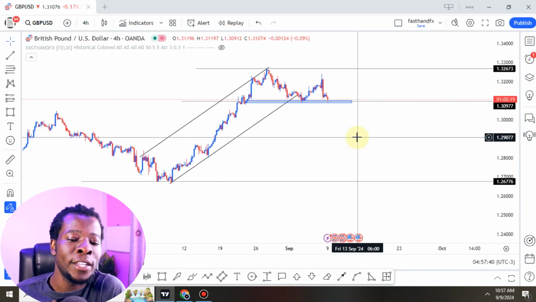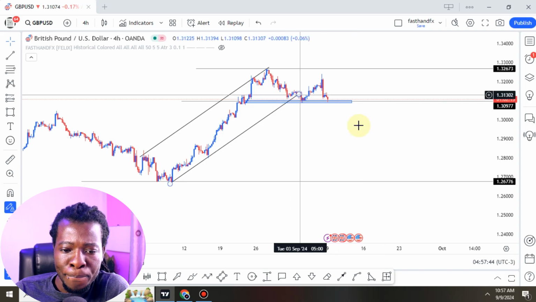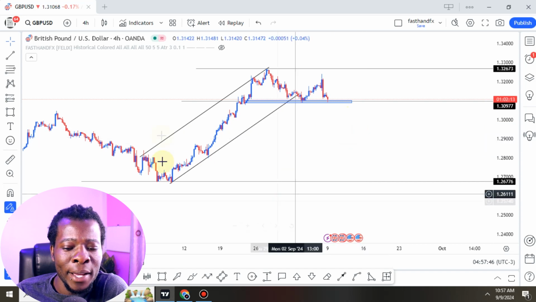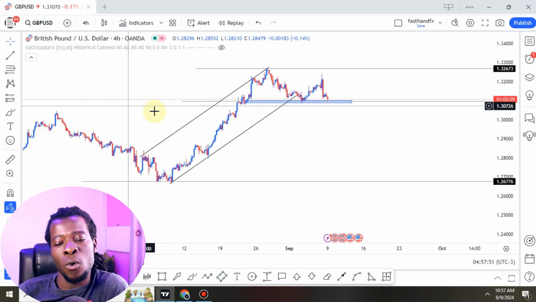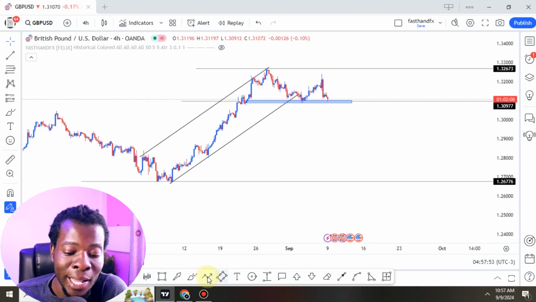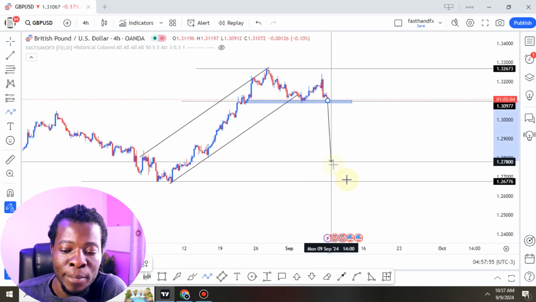Generally we've seen off the daily that this market is kind of bullish, right? That's okay. But when we go to the H4, we see that the market has taken out this uptrend right here. So most probably, yes, we should be anticipating a sell, something like this.